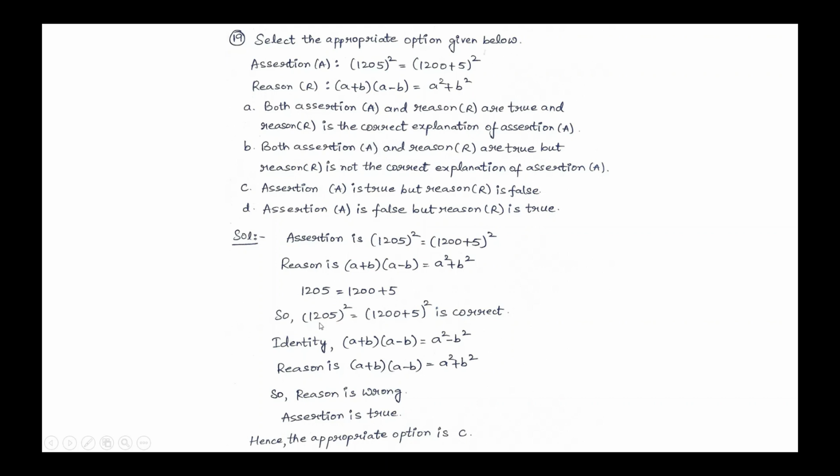That means 1205² is equal to (1200 + 5)², and that is correct. We know the identity (a + b)(a − b) is equal to a² − b². The given reason is (a + b)(a − b) is equal to a² + b², which is wrong. So the given reason is wrong and the given assertion is true. Hence, the appropriate option is C.